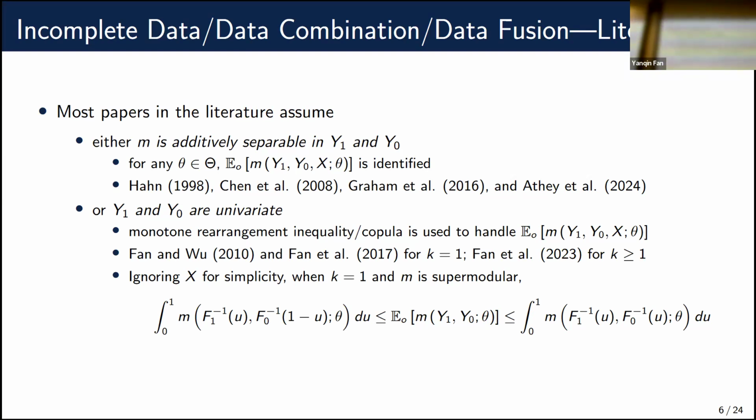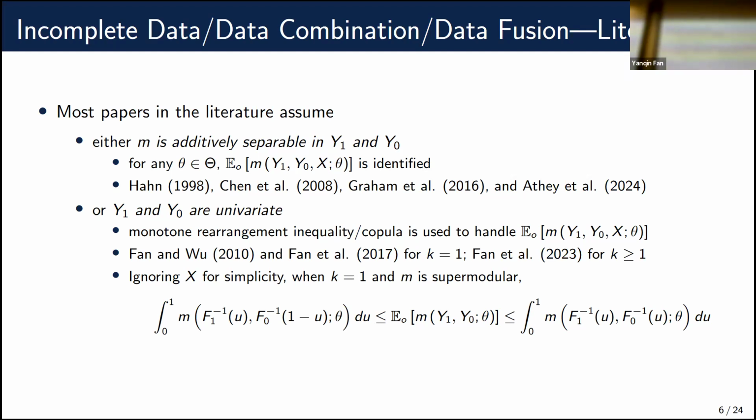And the second case is when M is not additively separable. Then genuinely M depends on the joint distribution between y1 and y0. So in this case, in general, we cannot point identify theta star. Then what can we do? Well, all the existing work assumes that y1 and y0 are univariate. What does this buy us?